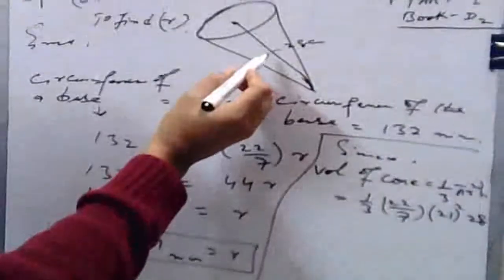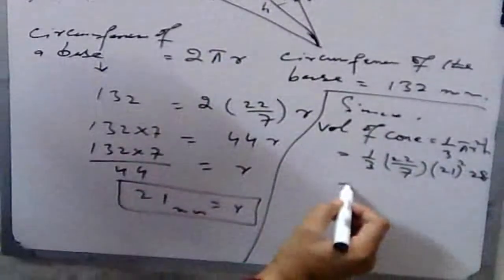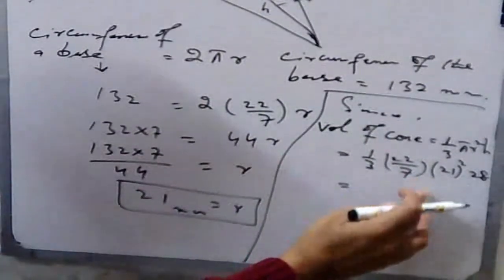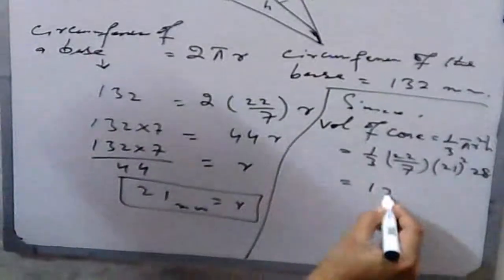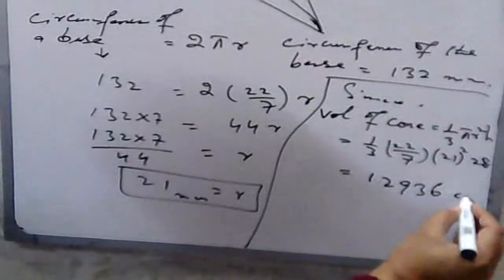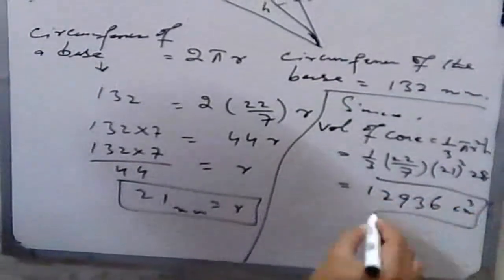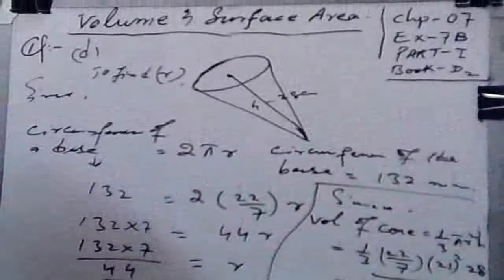You can see in your figure, that is your h. So after simplification, you can get 12936 centimeter cube is your required volume of the cone. Now coming to question number 2.